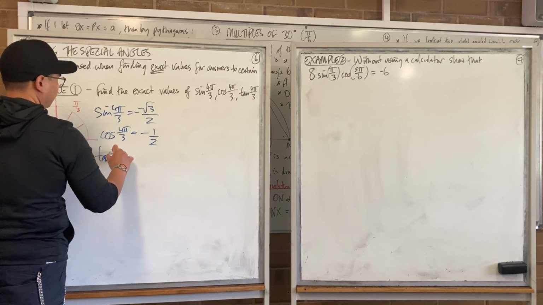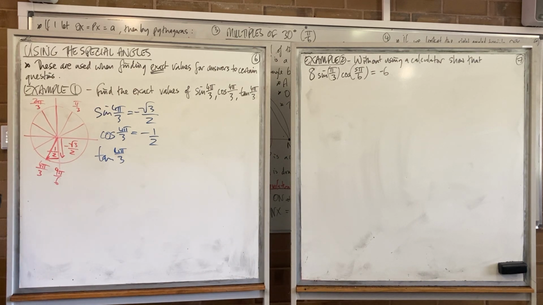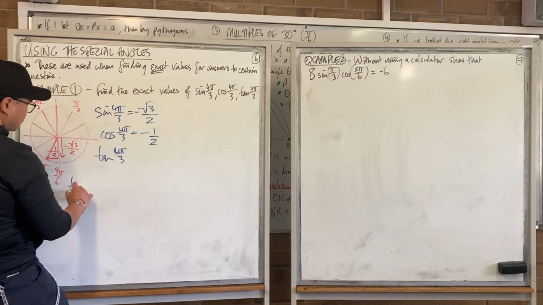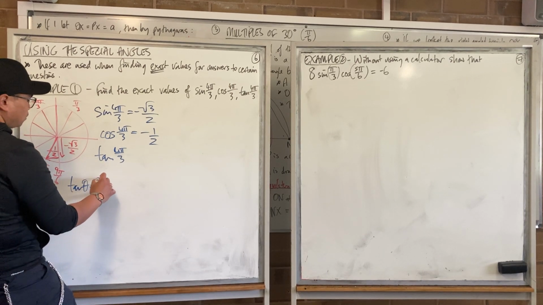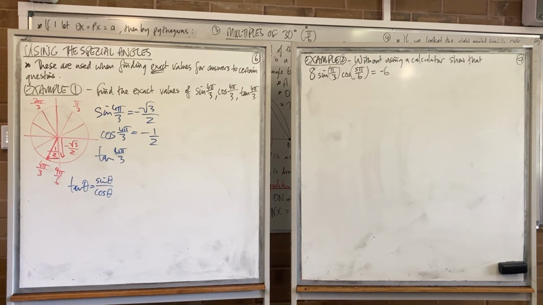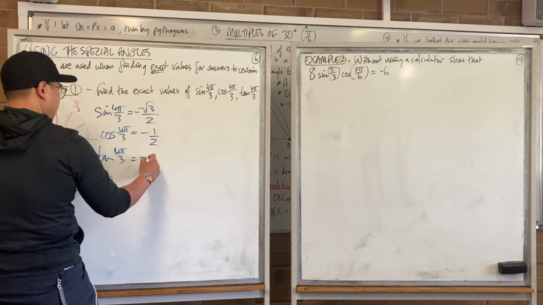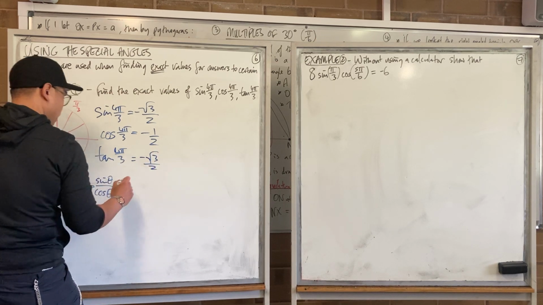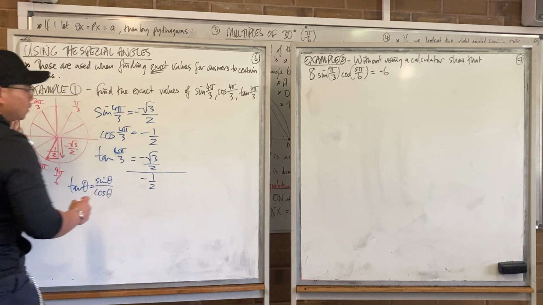Tan of 4 pi on 3. You had a little identity from last week. What is the identity? Tan theta is equal to sine theta over cos theta. Good. We just worked out what sine theta and cos theta were. So tan theta is going to be negative root 3 on 2 over negative 1/2.